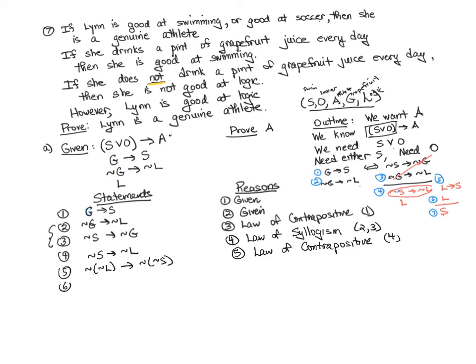And then we have if L, then S. And that's the law of double negation, step 5. And then we put down our L, which is given, and we detach to get the S to be true. And this is the law of detachment.